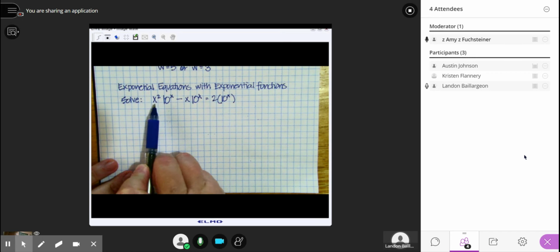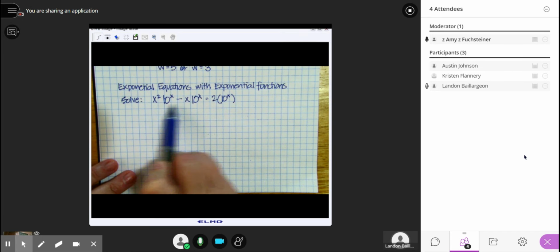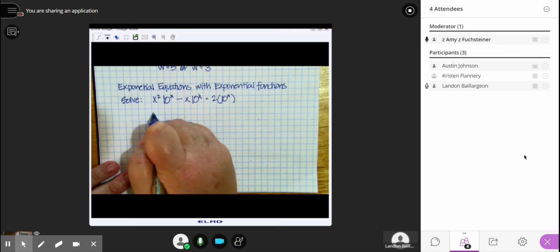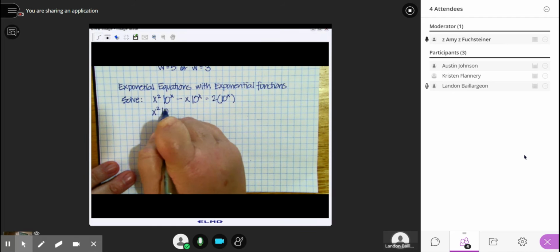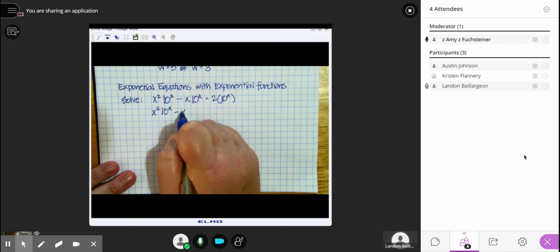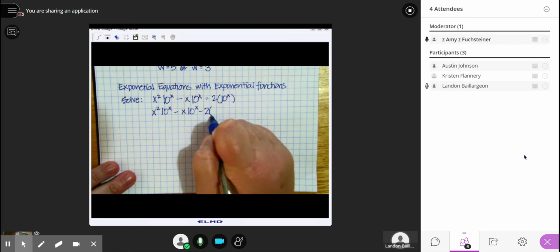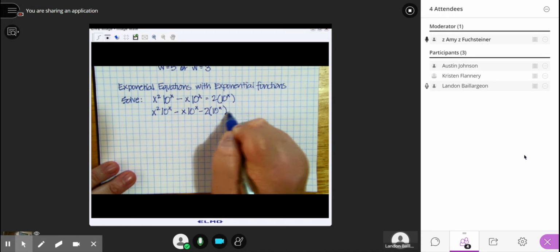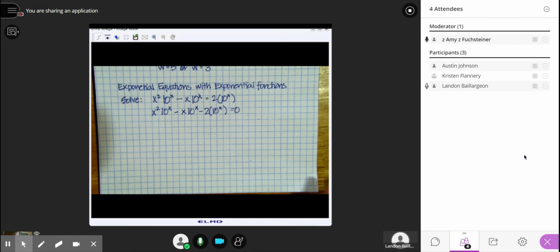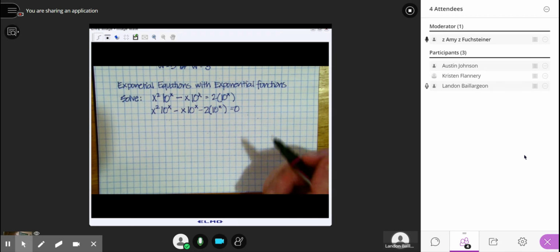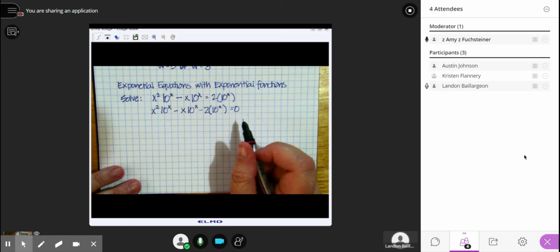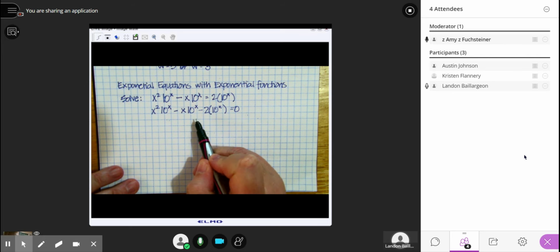All right, so what I'm going to do here is I'm going to still move it so it's equal to 0. Now, do you see how 10 to the x is used over and over in this?